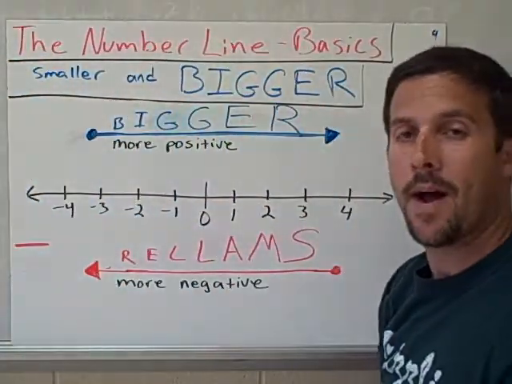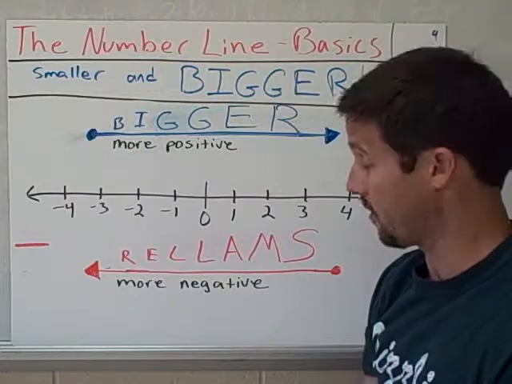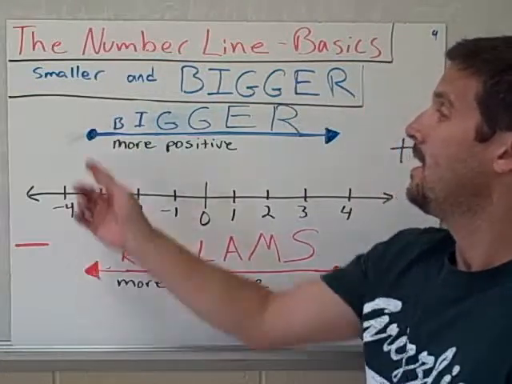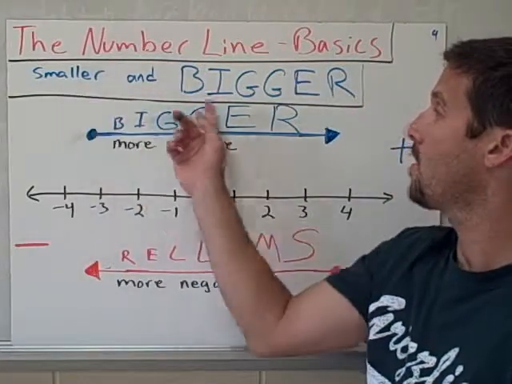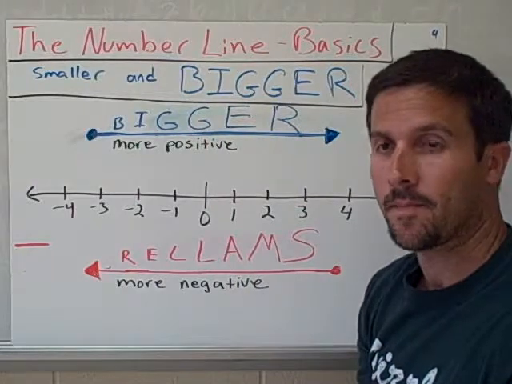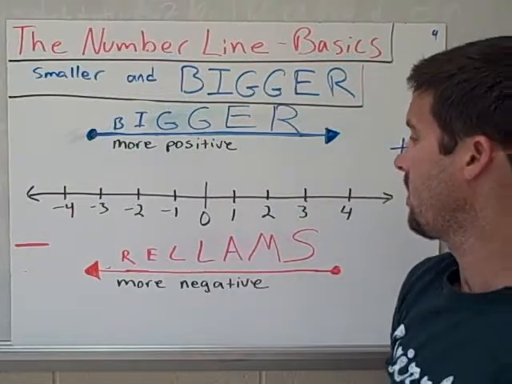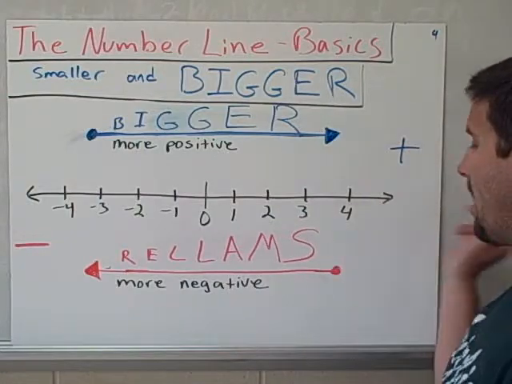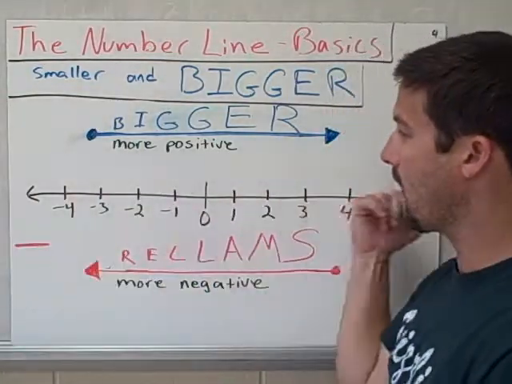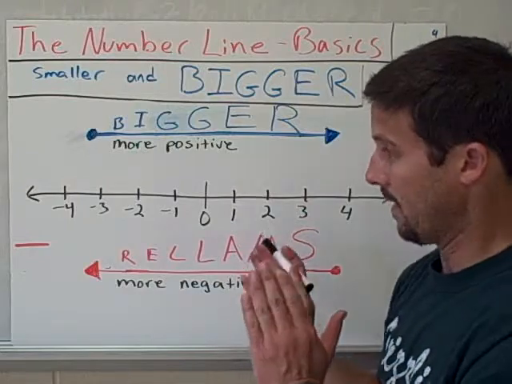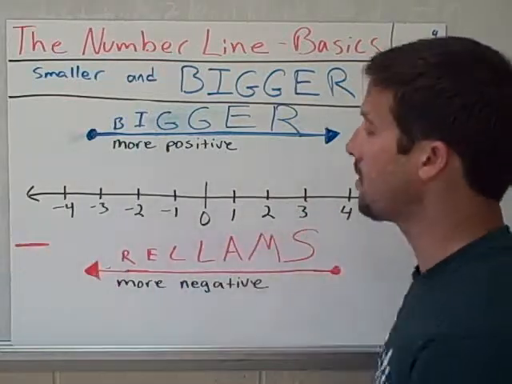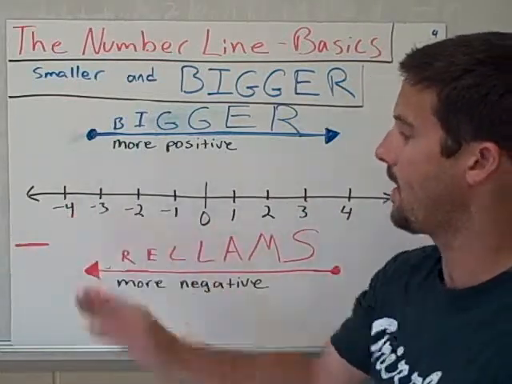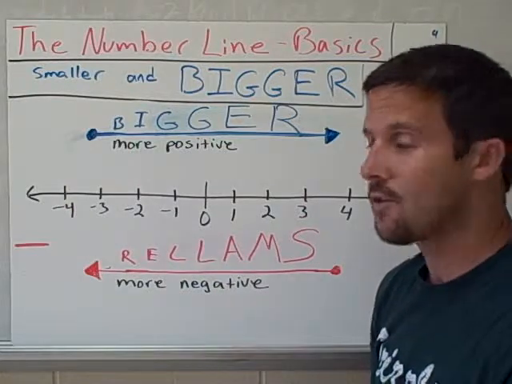Now, other than the positive and negative characteristic of the number line, we have the concept of smaller and bigger. Using the same number line with the integers labeled on here and the arrow that makes it go all the way that way and all the way the other way, explaining that it can just go on forever, we're just going to look at 4 numbers on either side of the 0.